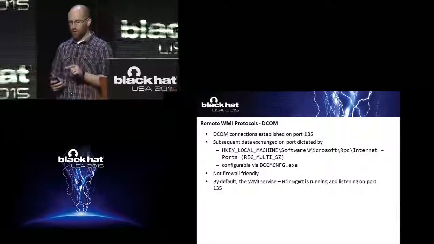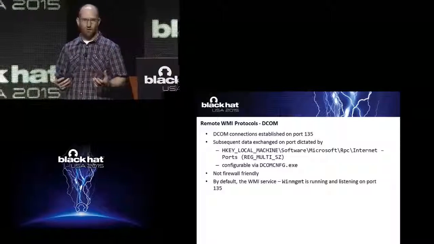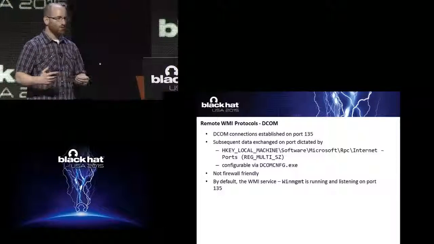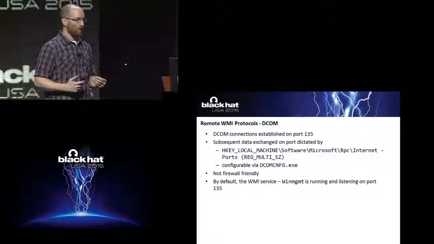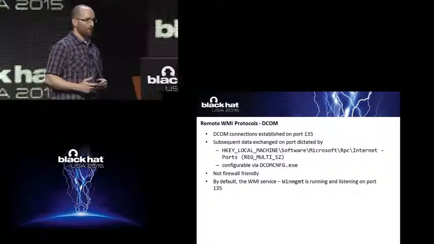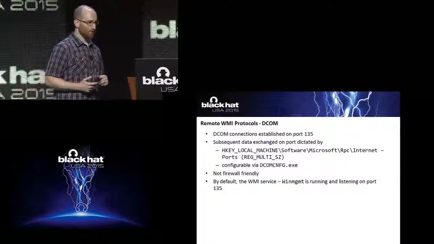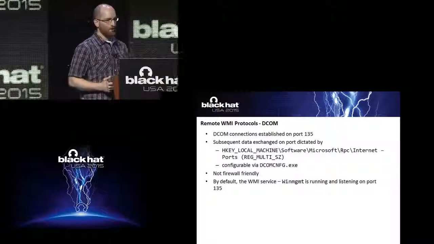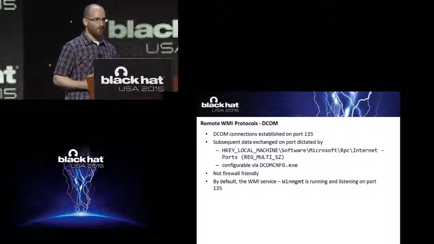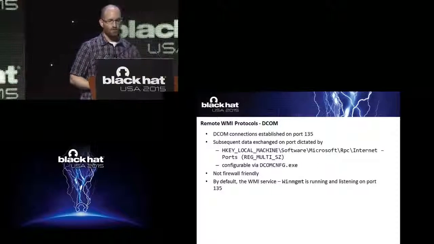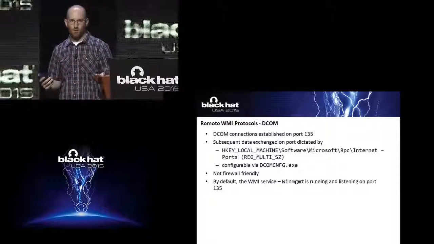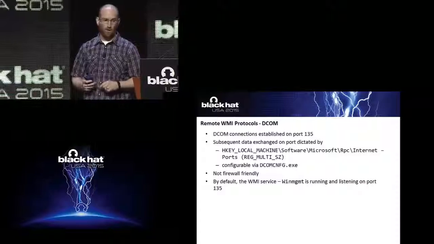Port 135 is used to establish an initial connection, and then all subsequent data is passed via a secondary TCP port number specified in the range that you see here in this registry key. You can actually use DCOM config or just modify the registry entry directly to have it only use a single port so that you can maybe make it a little more firewall friendly.